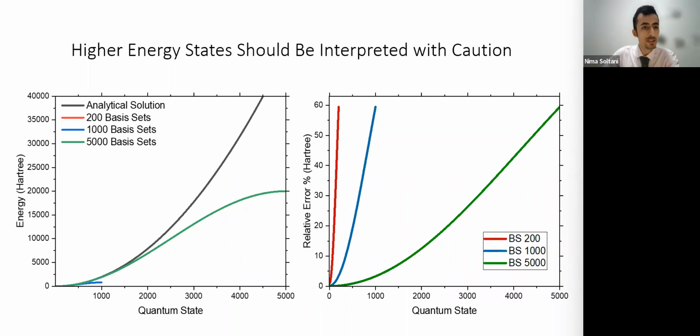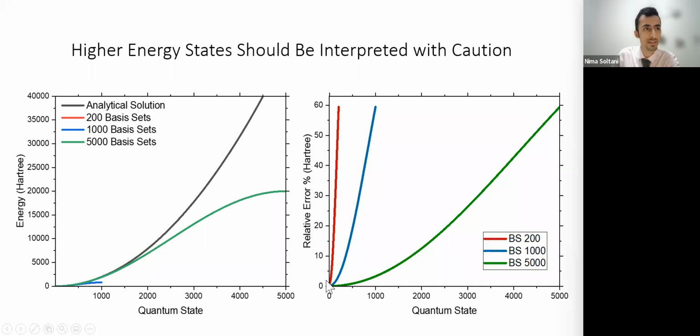Here is the same plot for higher quantum numbers, and you see that the analytical solution is the black one here, and the blue one deviates from the black one pretty quickly, but the green one remains loyal to the analytical solution until 1400, but it starts to deviate after that.